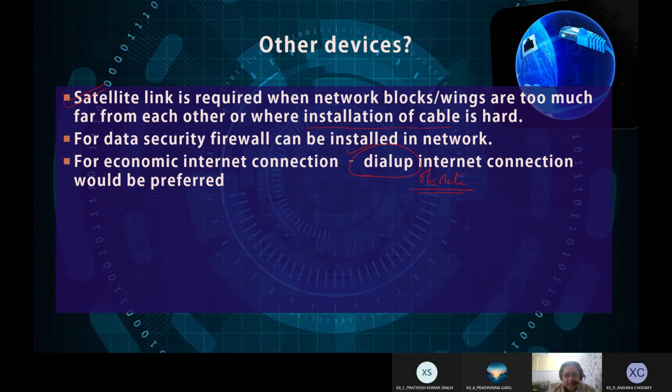But if the company says they want something in between, not too expensive and not very slow, you can provide them an ADSL broadband internet connection, which will use the existing copper cable networks and also provide a considerably high speed internet connection.